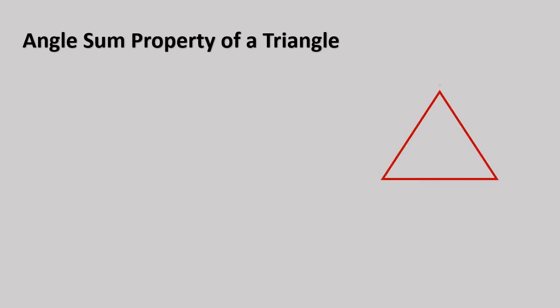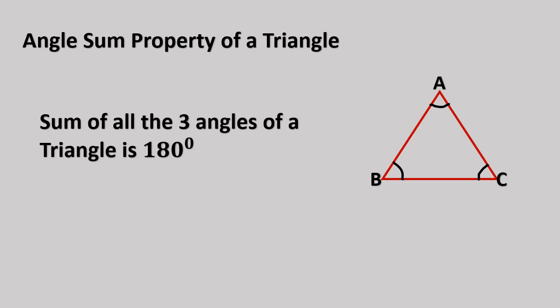Next, angle sum property is a very important property of a triangle. Very simple also. Okay. What is angle sum property? We know a triangle has three sides and three angles. The sum of all the three angles of a triangle is 180 degrees. 180 degrees, straight line, straight angle.